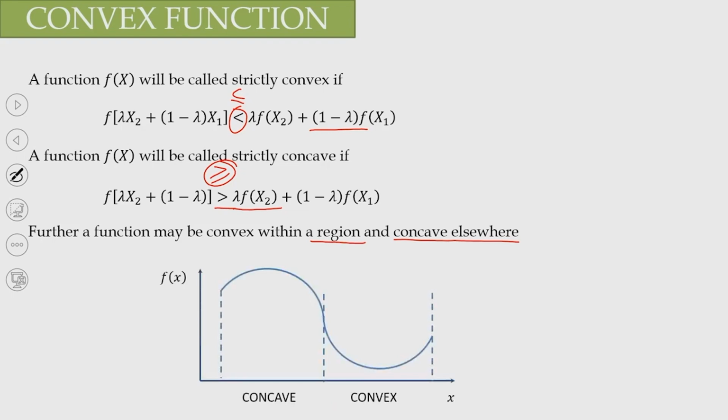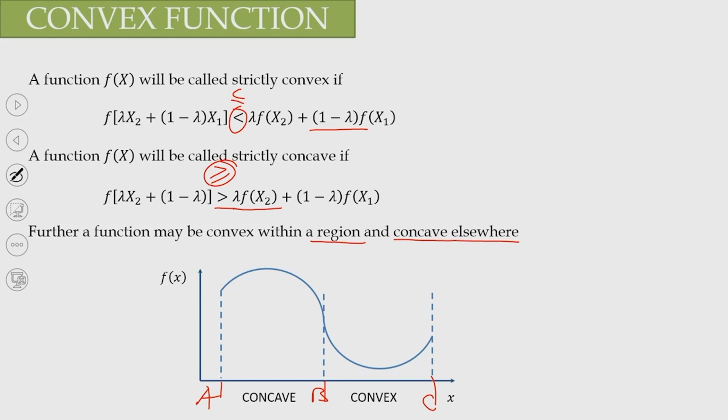So, this is the function. Between these 2 points it is concave, and between these 2 points, suppose I say A, B and C, between A and B the function is concave, and between B and C the function is convex.